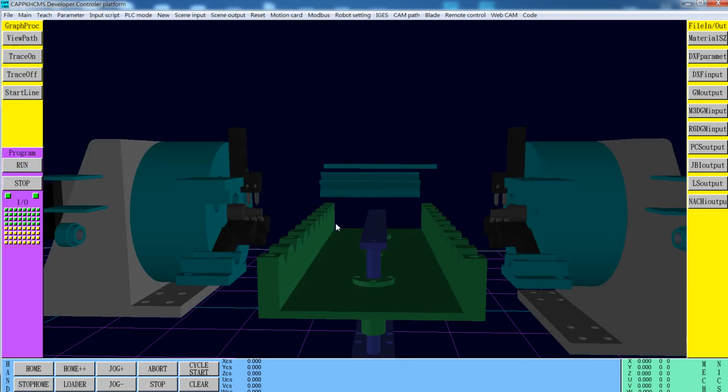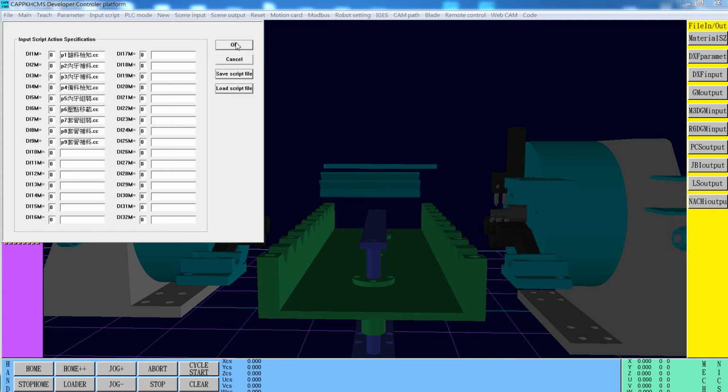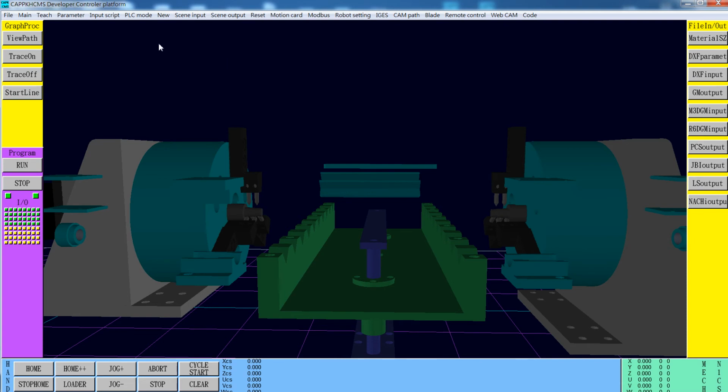You can see right now on the screen is only the moving parts, which are actuated by air cylinders or whatever, and the input script is still the same. And let's run the machine to show you the real control of a pure PLC automated machine working.